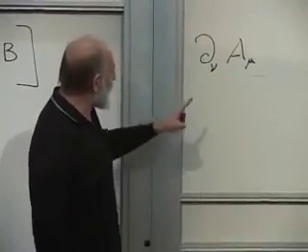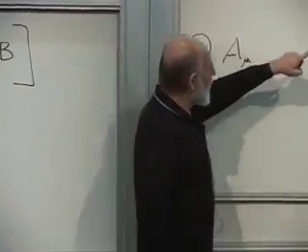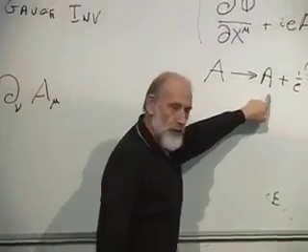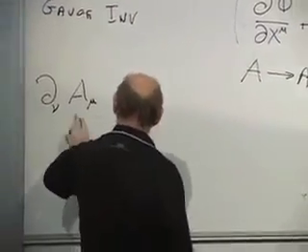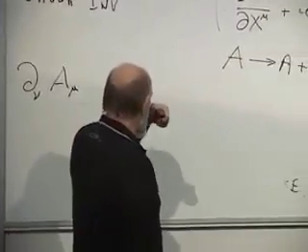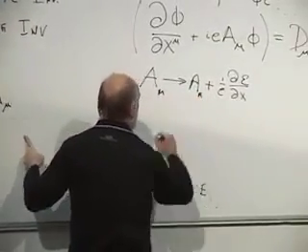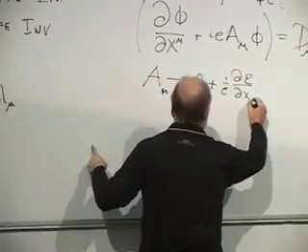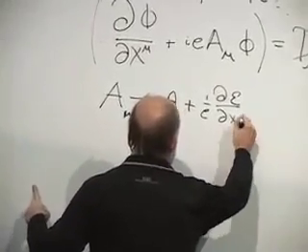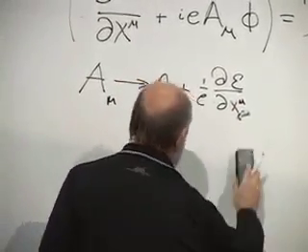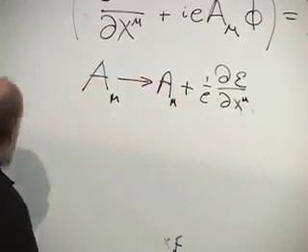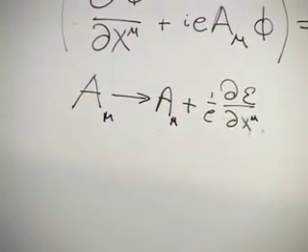Now, what happens to this object when you subject A to such a transformation? What happens is it picks up an extra term. So let's look at it. Here's A mu. What about the derivative of A mu with respect to x nu?